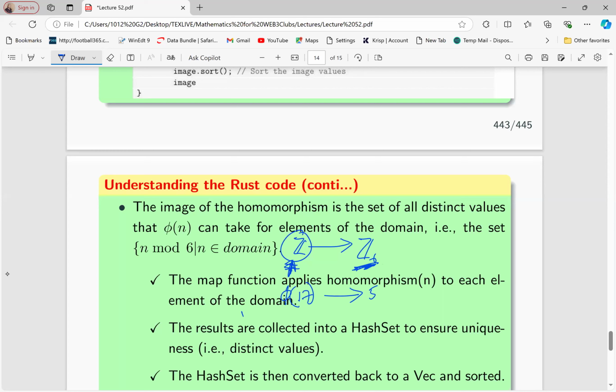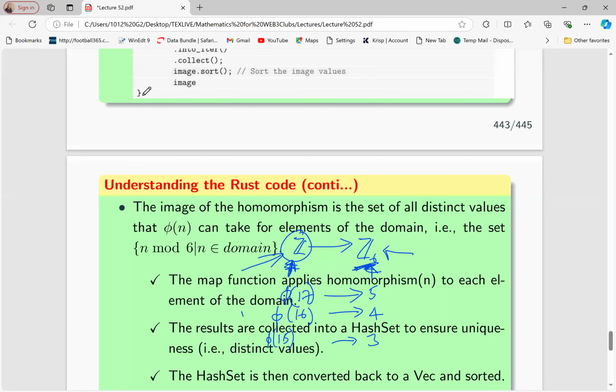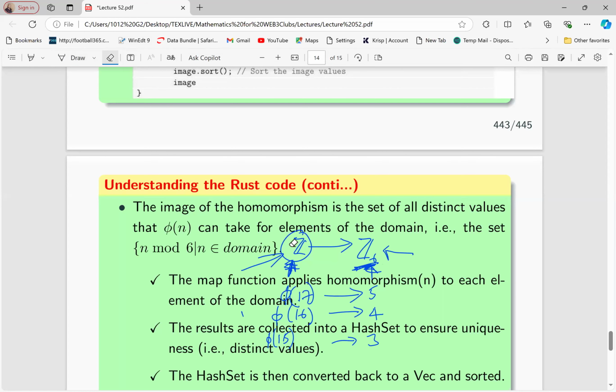So it will map to 5, and 5 is here. 16 maps to 4. 15 maps to 3. So each of the elements in Z would be mapped to a different element in Z6. So all the elements in Z6 would be mapped to, and they'll all form the image.